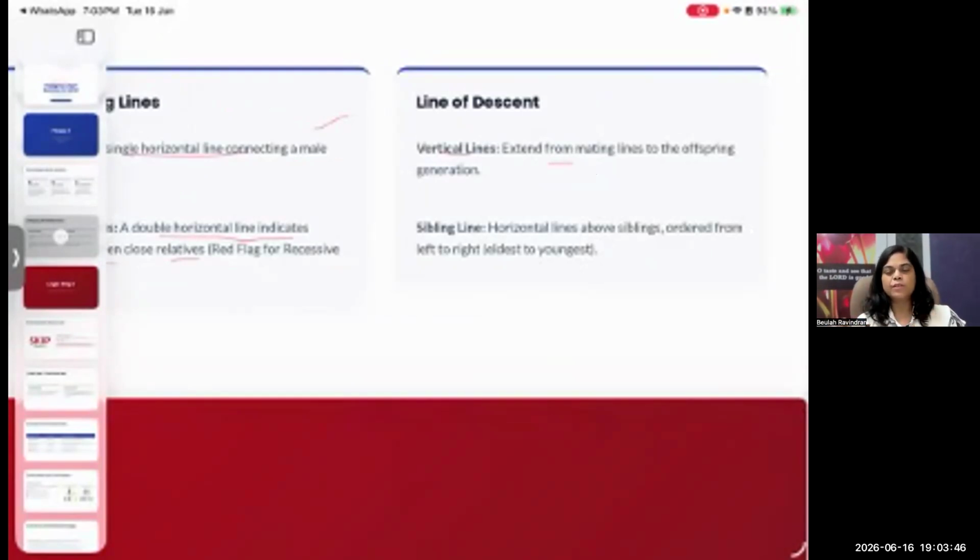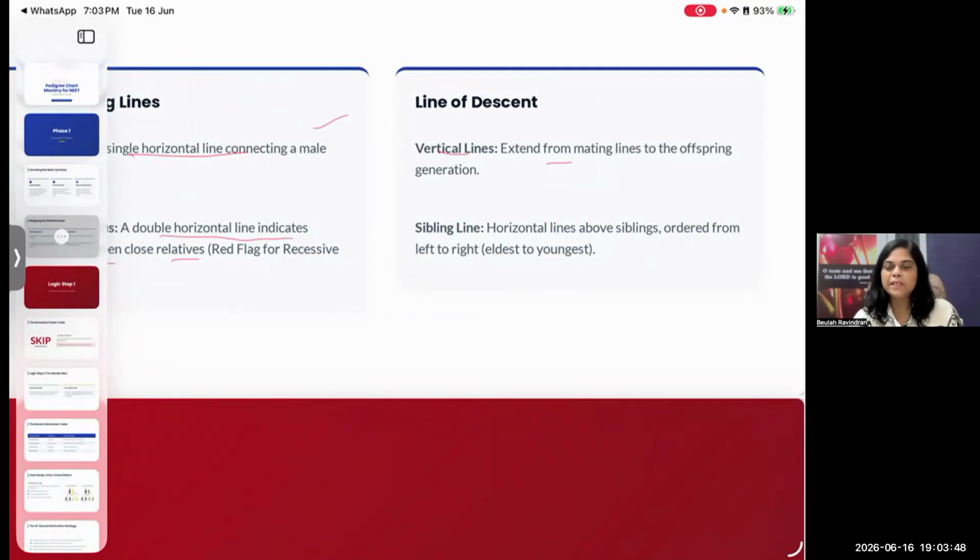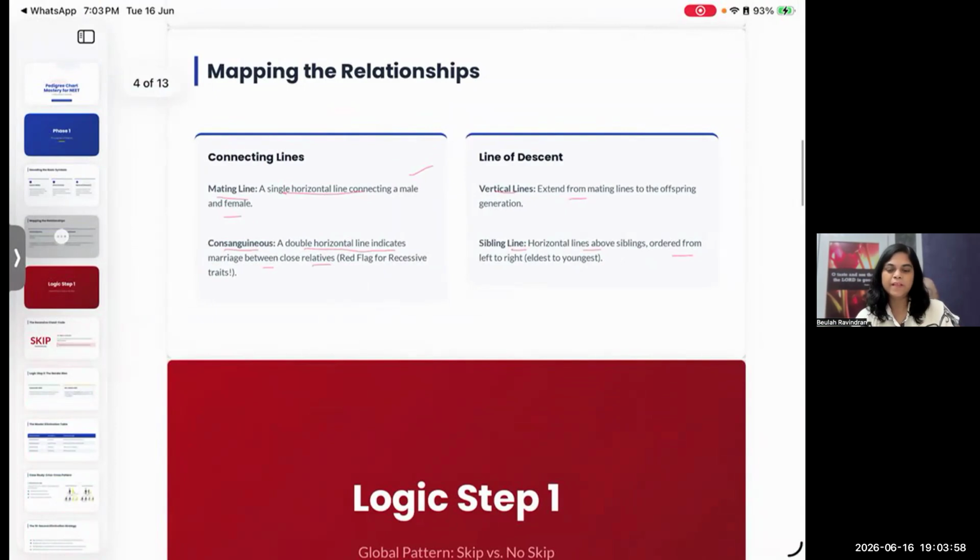Then the sibling line is the horizontal line above siblings, ordered from left to right, eldest to youngest. These are the lines of descent.